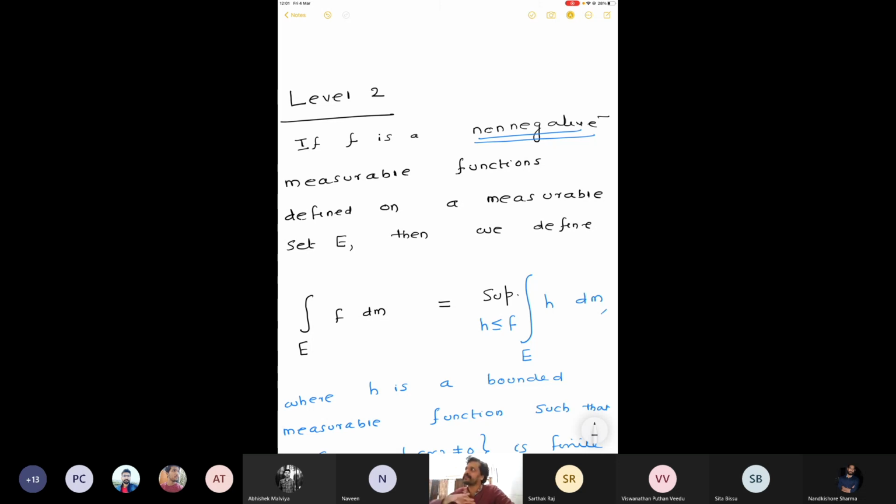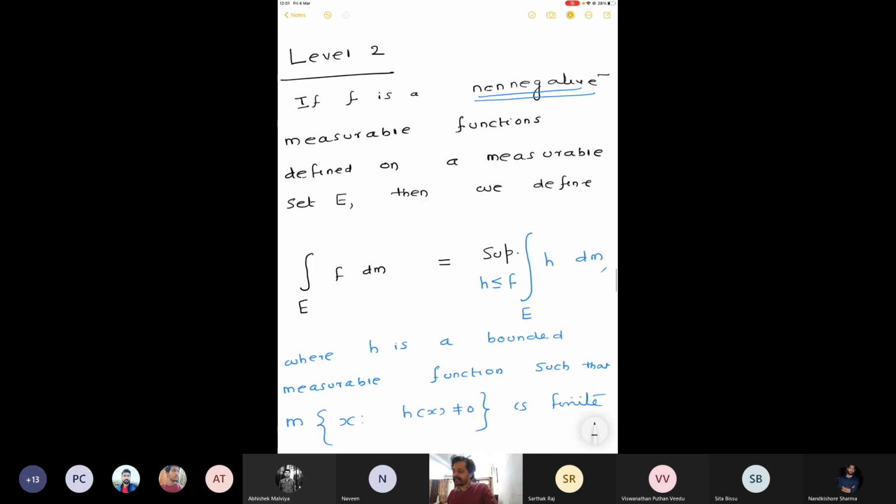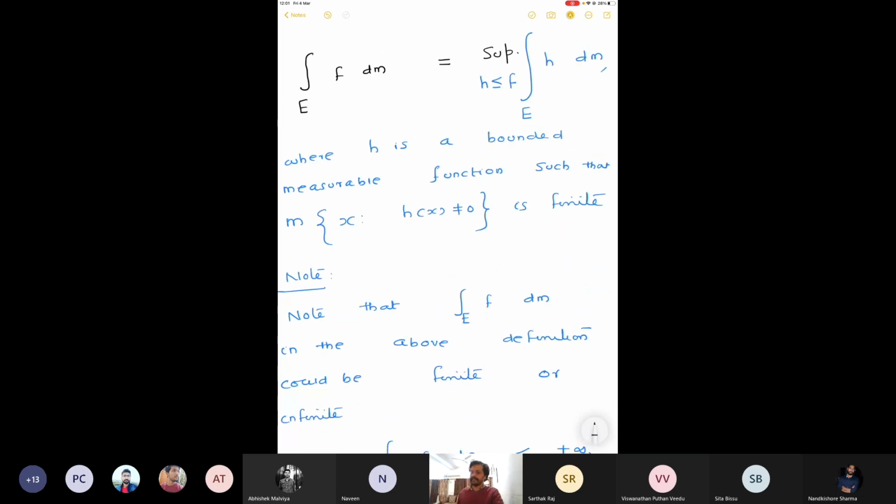But level 0 gives you a single-step evaluation, whereas level 2 gives you evaluation via the integrals of many other functions. Are you getting my point? But what is the guarantee that both will coincide? That needs to be checked. Otherwise, everything becomes a mess. Anyway, that we will include as a tutorial problem and do it.